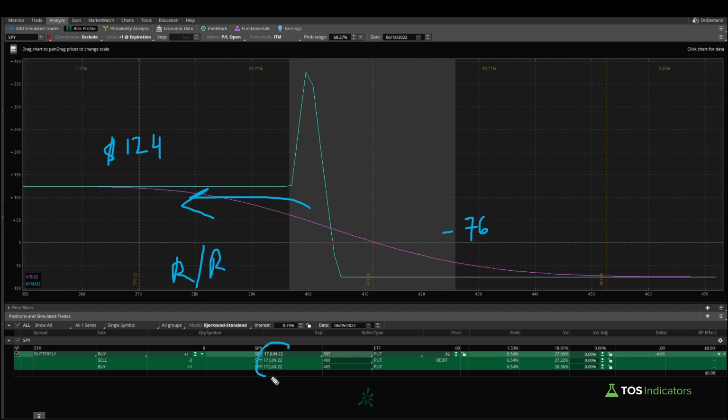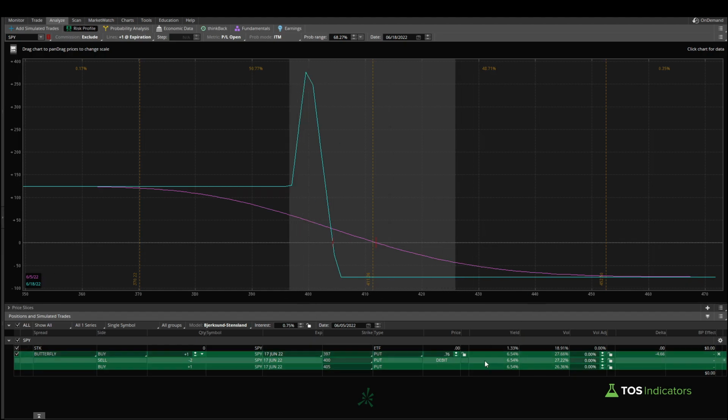I'll also talk about why I chose the June 17s in just a second. But before we do that, if you did pin exactly at 400, your max potential profit is in the 420s, 422 I think it was. So you definitely have a lot of upside in terms of max profit if you pin perfectly at 400. Unlikely, but of course not impossible.